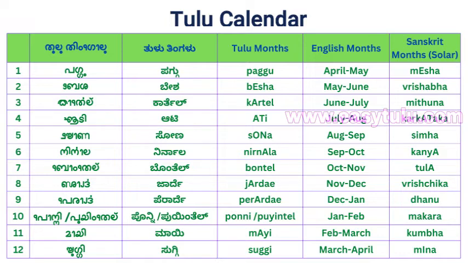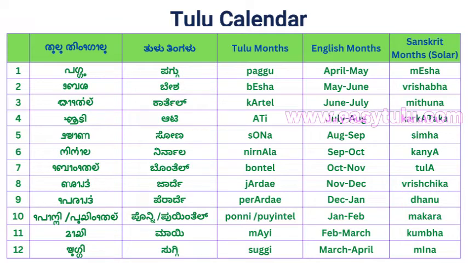Jarda. Perarda. Punni or Puintel. Mai. Suggi. You can also see equivalent Sanskrit solar months names in the screen.